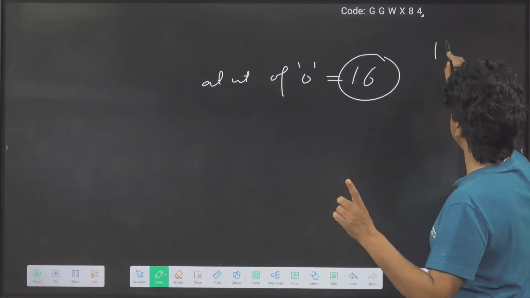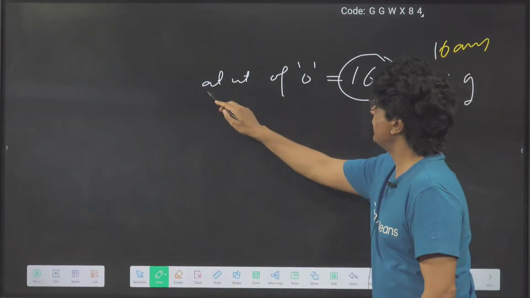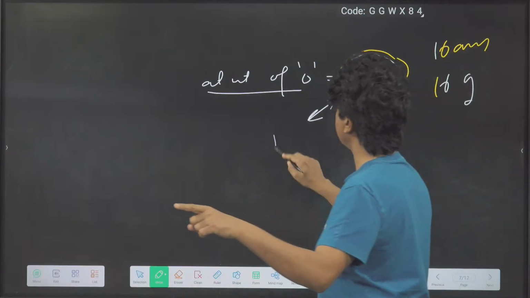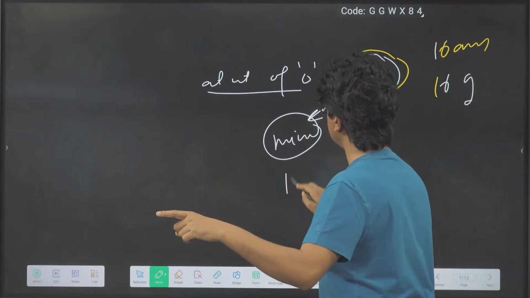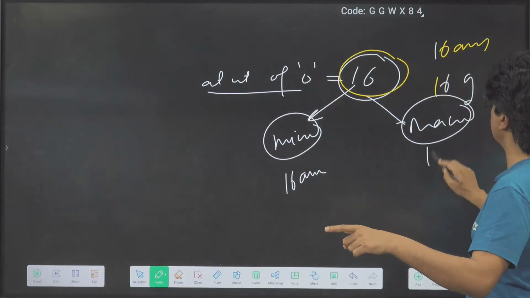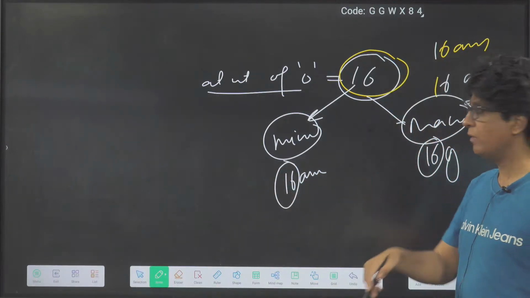They don't give you 16 AMU or 16 gram, they simply give the atomic weight of oxygen as 16. Now it's your freedom that if you want to work in the microscopic world, you will take 16 AMU, and if you want to work in the macroscopic world, you will take 16 gram. The number remains the same, and that is the beauty of Avogadro number.